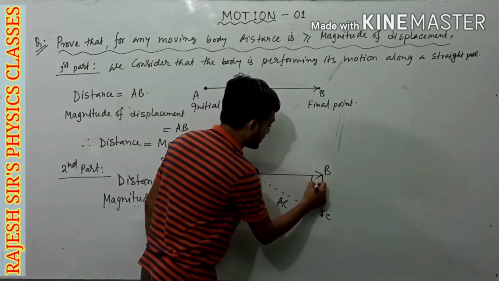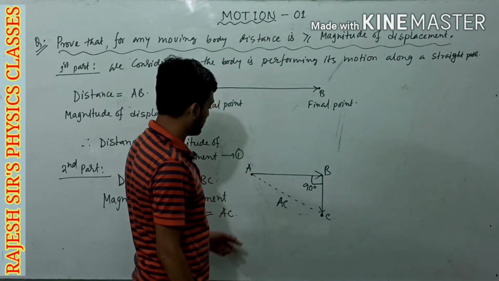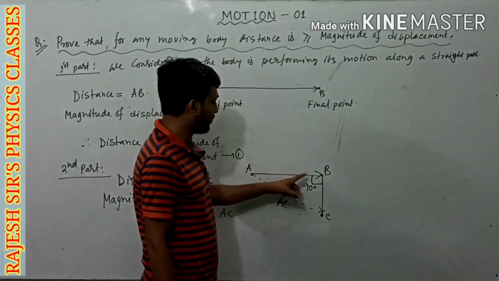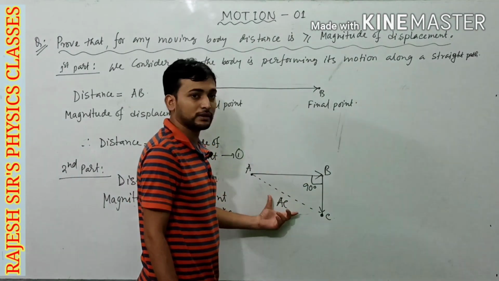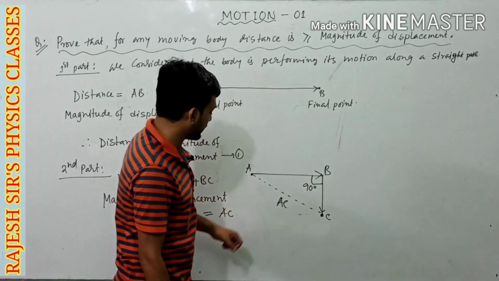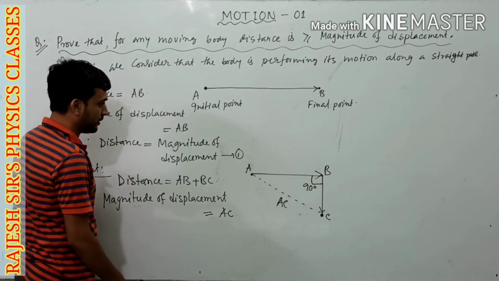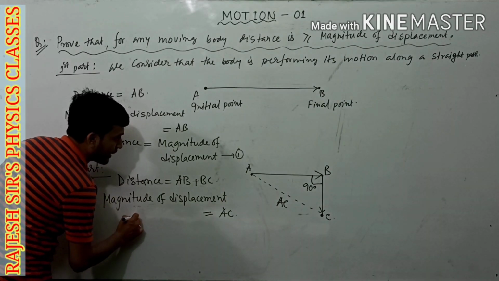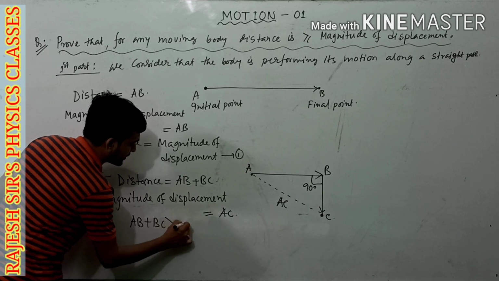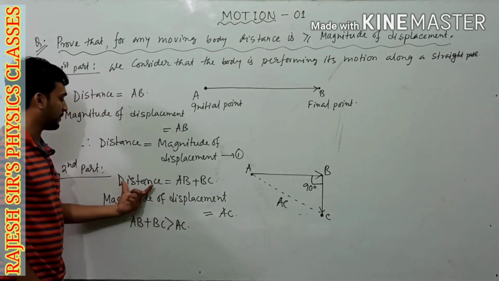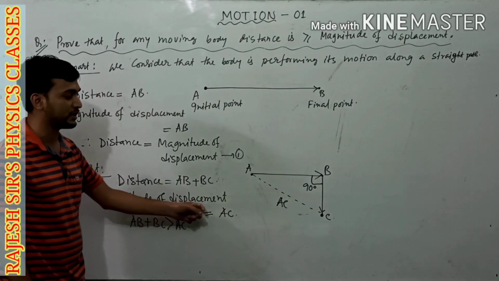This angle is 90 degrees and this is a right angle triangle, and you know the sum of any two sides of a triangle is more than the third side. So from the property of the triangle, we can write AB plus BC is greater than AC. Now AB plus BC is distance, and AC is magnitude of displacement.